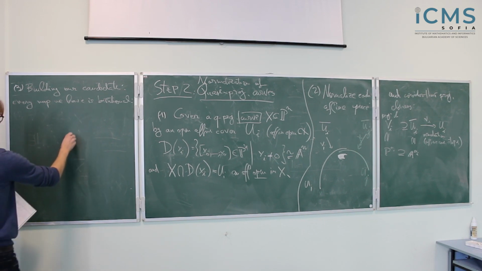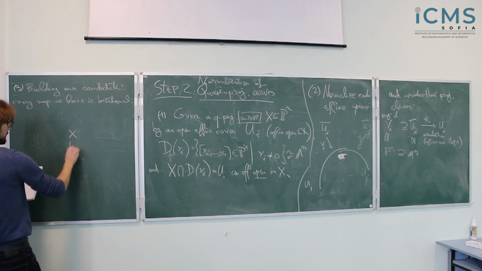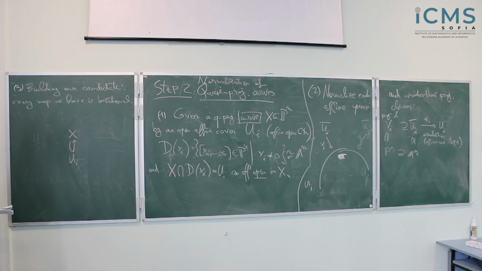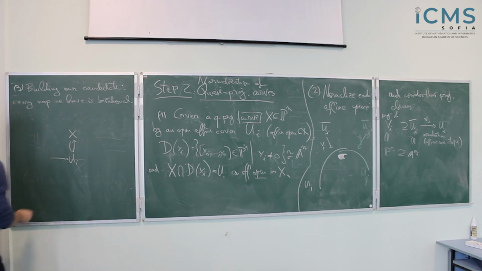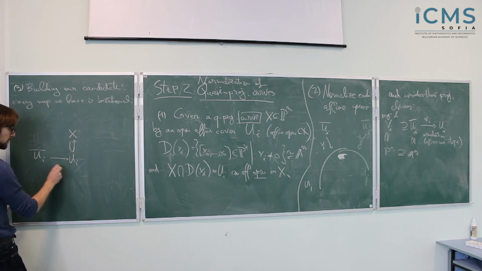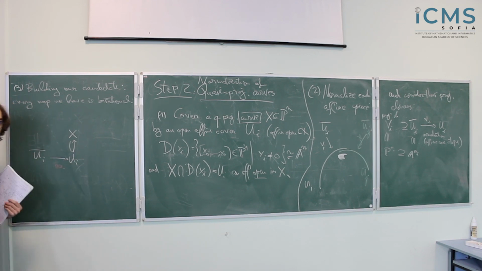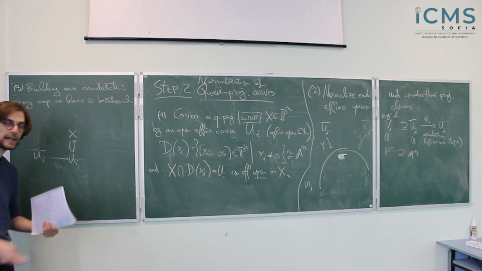Okay, so we have X, we have an affine cover UI here, and we normalized it here, like this. If you remember, it is birational, it is birational finite.